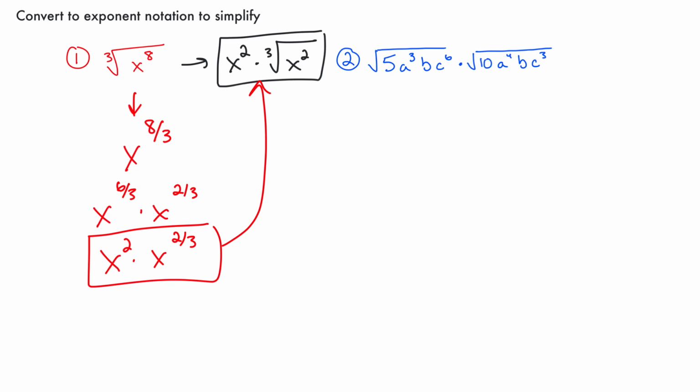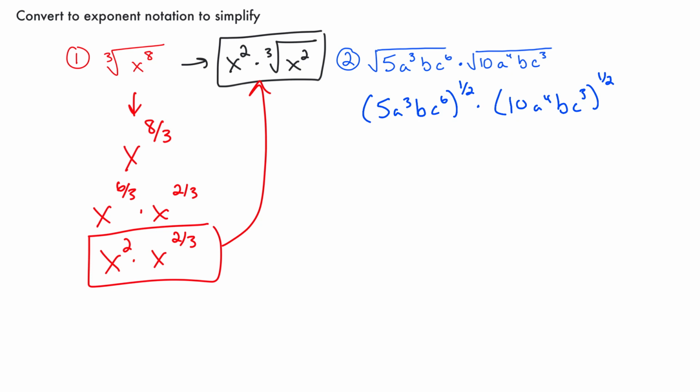Because if you write this as an exponent, to the 1/2 power, and then I have that 10a to the 4th, b, c to the 3rd to the 1/2 power, the reason we can multiply square roots to each other but not other types of roots, at least for right now, is because that's a factoring problem.